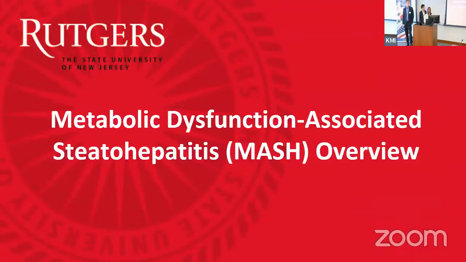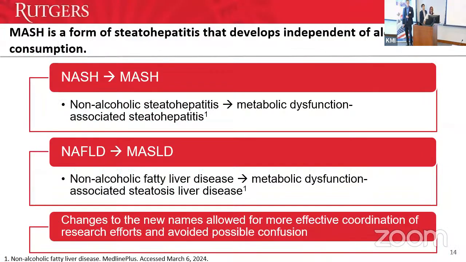And so now we'll go over MASH, which is our disease state of the day. It will come back when we talk about JD Bioscience and what they're getting up to. So first, there was a recent name change that really helped coordinate more effective research efforts, really to help get everybody globally on board and to avoid any possible confusion.